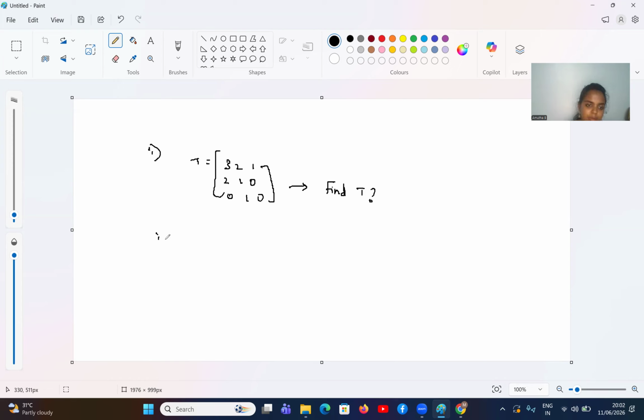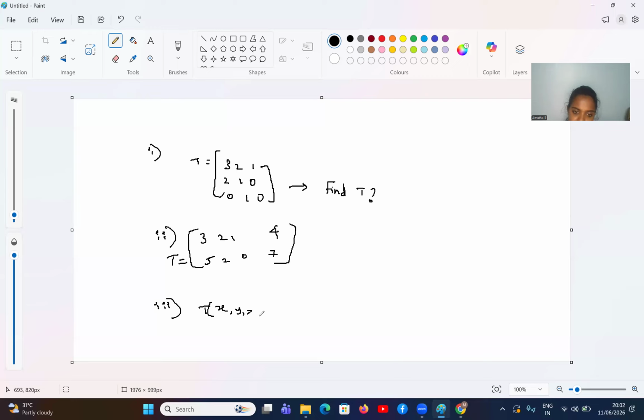In the second problem, I am going to give you 3, 2, 1, 4, 5, 2, 0, 7. That's it. This is also a matrix. You can find a map for it also. Okay. Finally, I am giving a big problem for you.